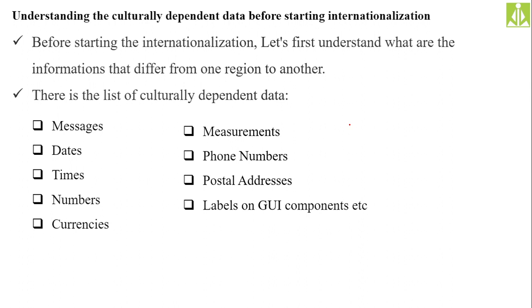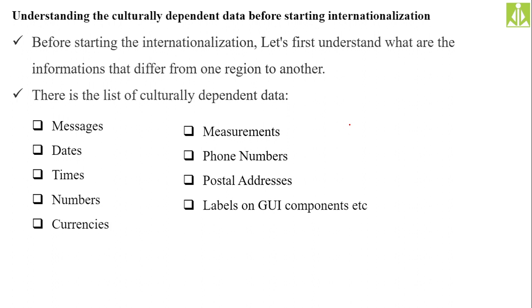So, understanding the culturally dependent data before starting internationalization, I mean, what data is dependent on regions. Just now I have explained many things. Before starting internationalization, let's first understand what information differs from region to region, country to country, continent to continent.